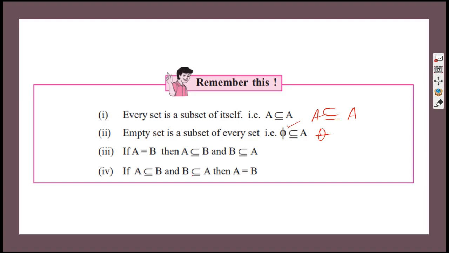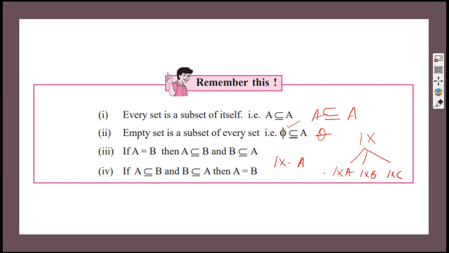If A is a subset of B and B is a subset of A, it means that they both are equal. So subset is just like your class. You are in class 9 and your division is A. So 9th A is a subset, if we consider the whole 9th class as the main set or universal set. In the whole 9th class there can be 9th A, 9th B, 9th C classes.